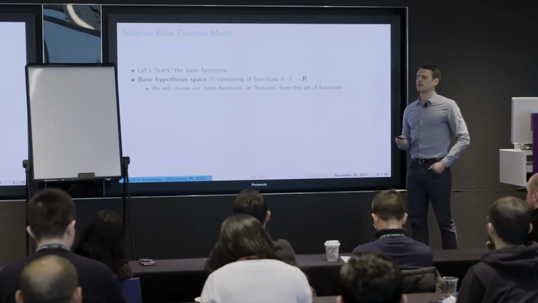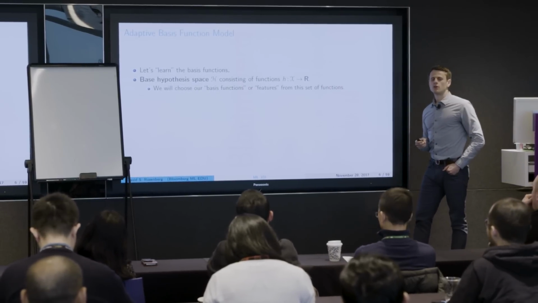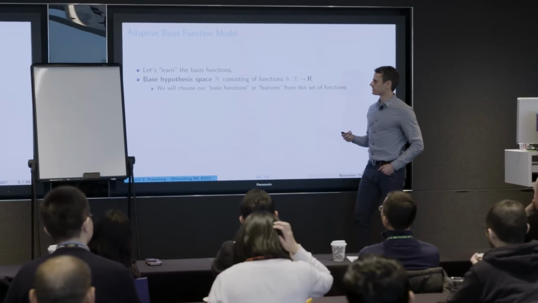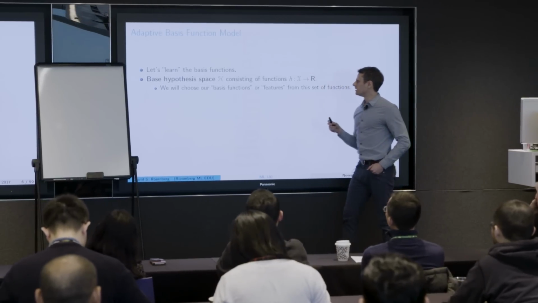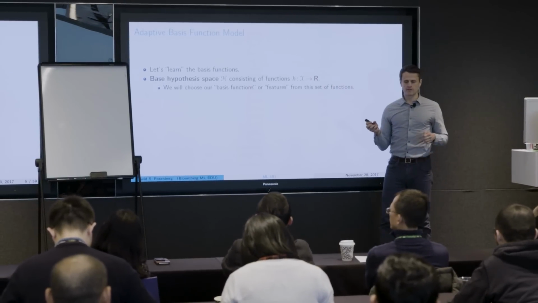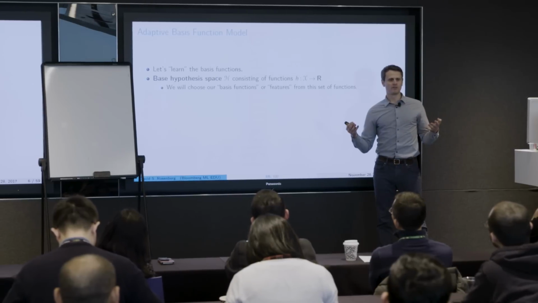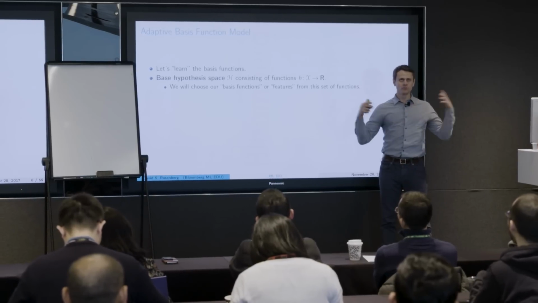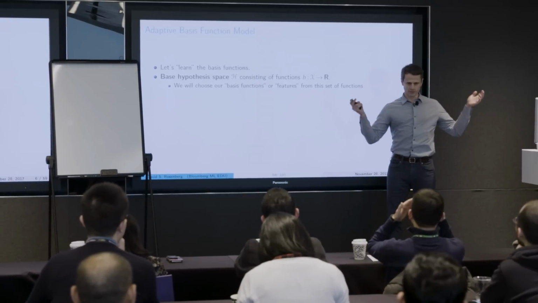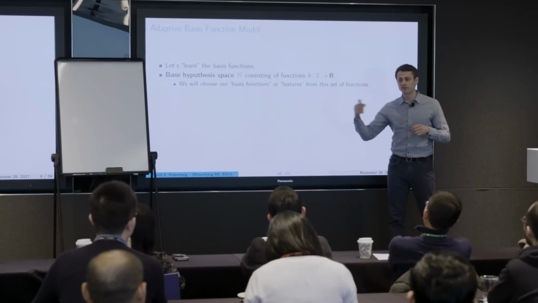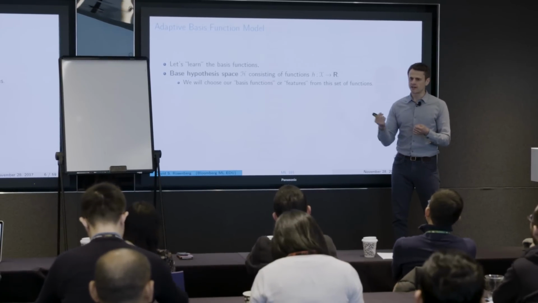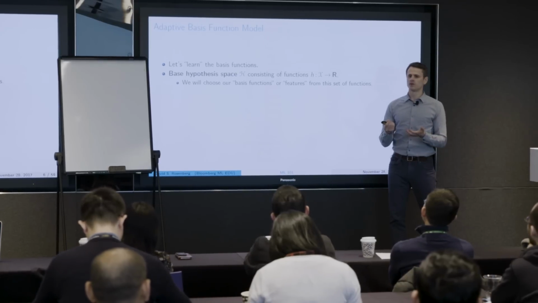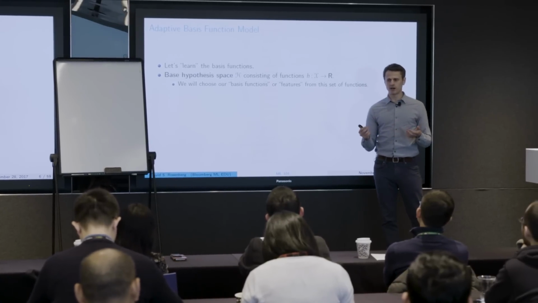So in this setting, we introduce what we'll call a base hypothesis space, H. This is going to consist of our potential feature functions. It could be a huge class of functions, an uncountably infinite class of functions. And from there, we will choose a finite, relatively small subset of these functions to be our basis.